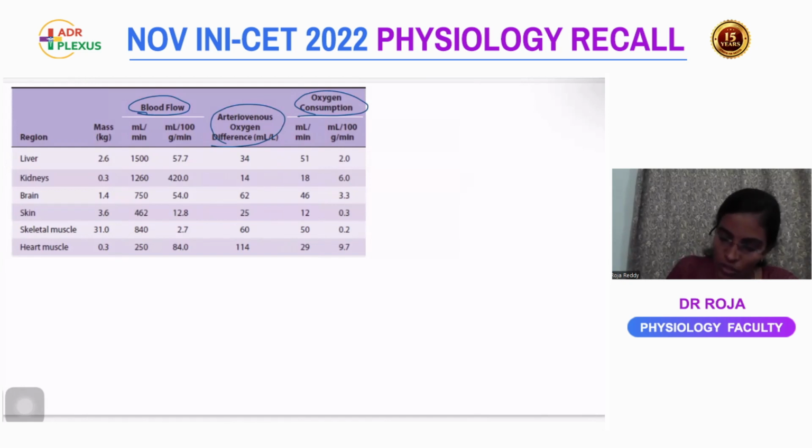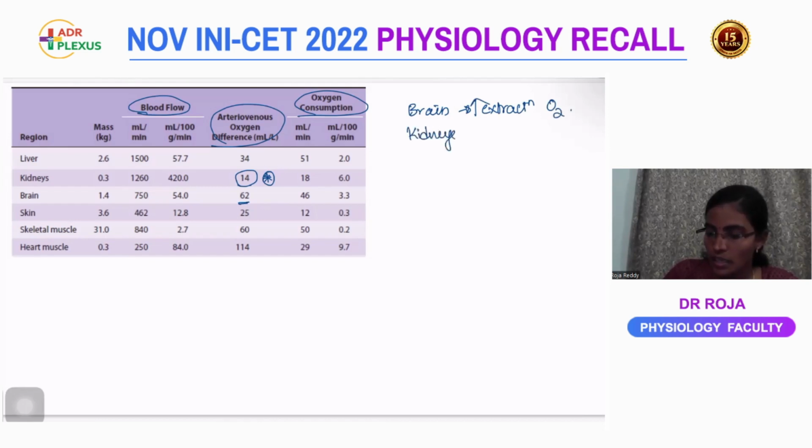As you can see by these values, the arteriovenous oxygen difference is least in the kidneys, and the greatest in the brain. It means the brain is extracting more oxygen, whereas kidneys are extracting less oxygen.